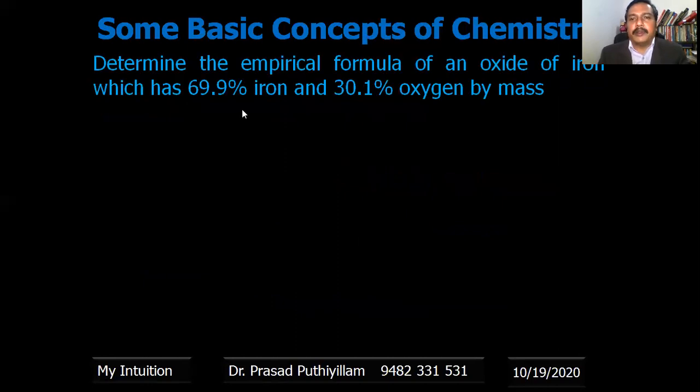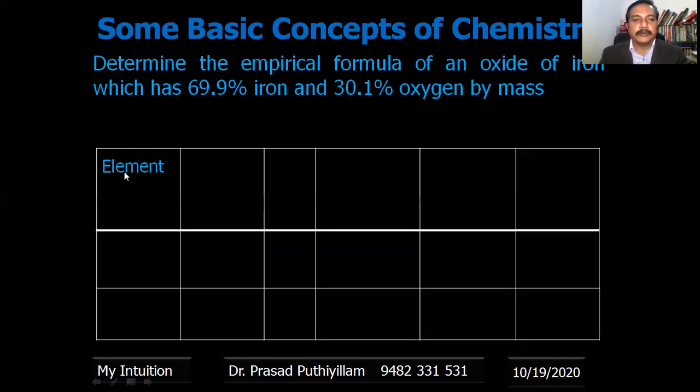Determine the empirical formula of an oxide of iron which has 69.9% iron and 30.1% oxygen by mass. So we'll do it in a tabular column. Elements are iron and oxygen. Atomic masses are given, we know that it is 56 for iron and 16 for oxygen. The percentages given are 69.9 percent of iron and 30.1 percent of oxygen.